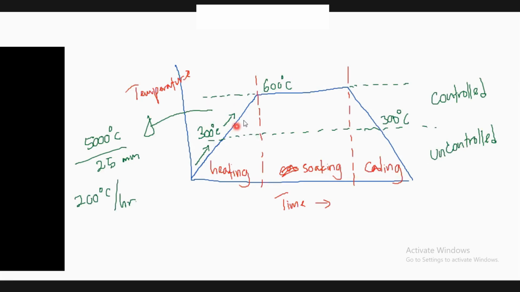So at this point, they do not allow the temperature per hour more than 200° C. Above 300° C, we must look at this. So that's the point here. So they ask at this point 200° C per hour, above 300. Yeah, got it?